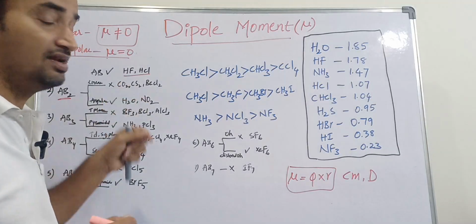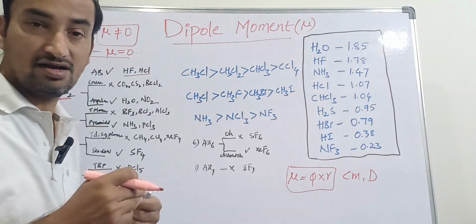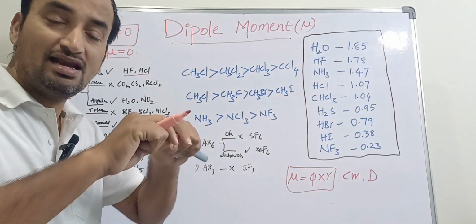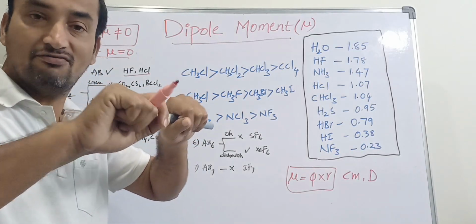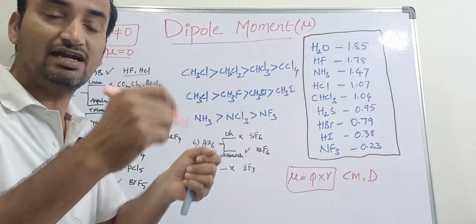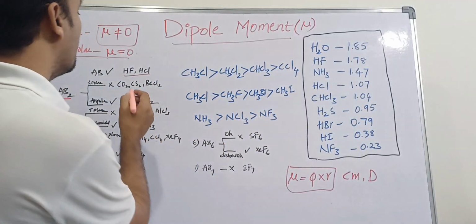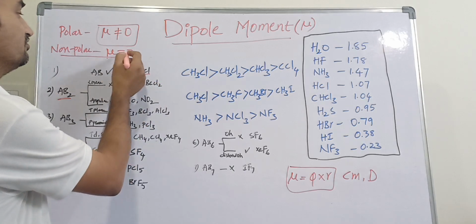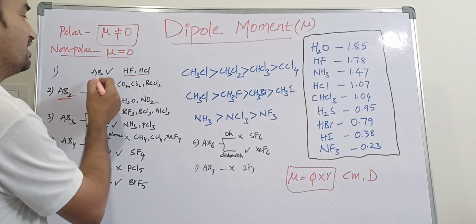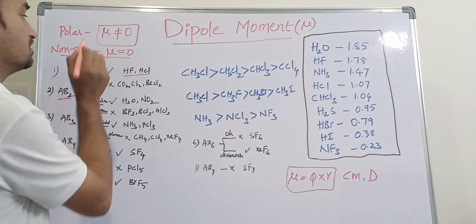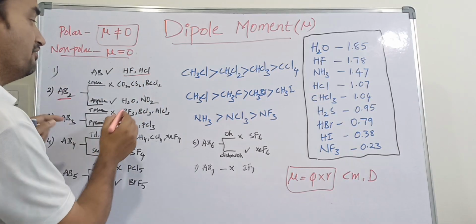In linear molecules, the force on one side gets cancelled by the other side, so the net is 0. That's why CO2, CS2, BeCl2, linear AB2 type molecules, have mu equal to 0 and are non-polar.